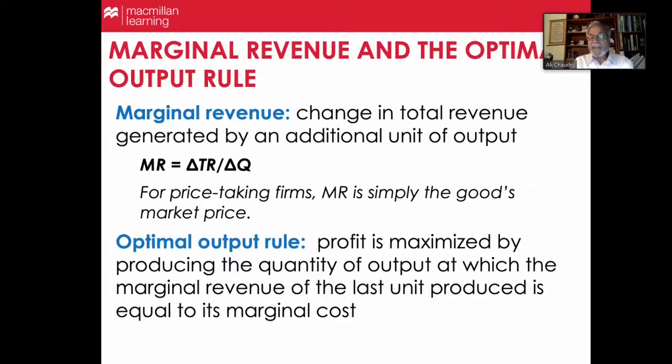So for the price-taking firms, small firms, marginal revenue is simply the price in the market because they can sell as many trees as they want at the going price. So the optimal output level for the profit maximizing firm is going to be the quantity which yields the marginal revenue equal to the marginal cost, where marginal revenue is of course the price at which they can sell, because they cannot control the price.